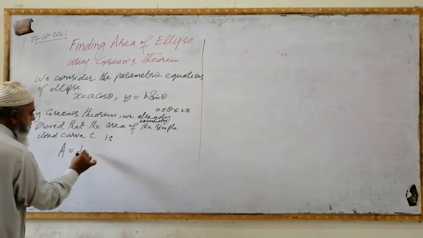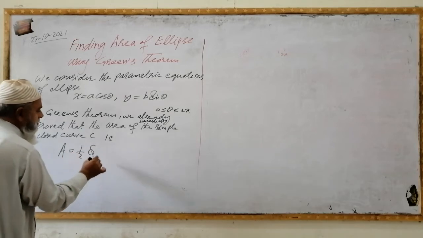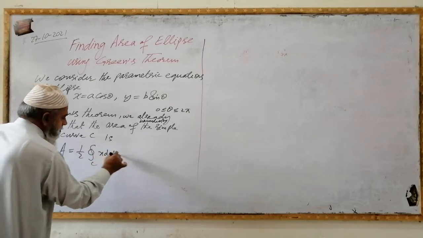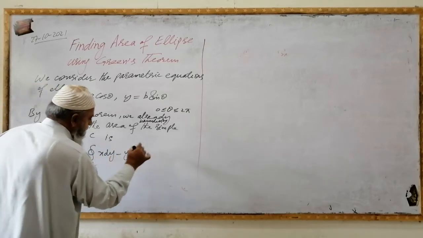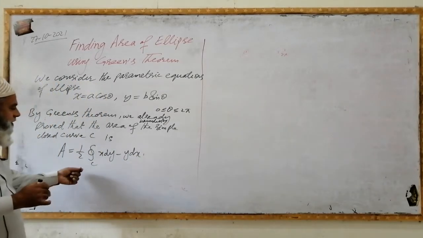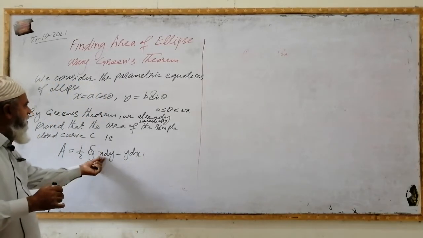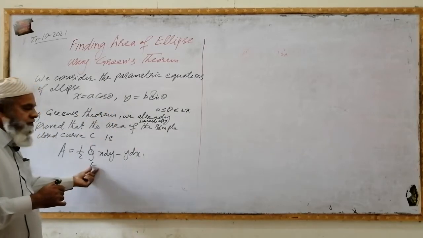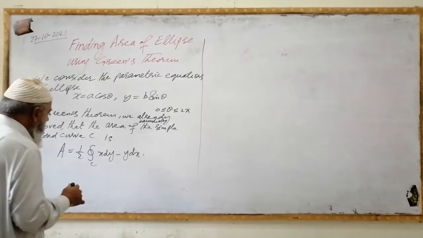Area is equal to 1 by 2 closed integral x dy minus y dx. This was the area. And now in our case, the value of x is equal to a cos theta and y is b sin theta, and obviously this curve C is the ellipse.